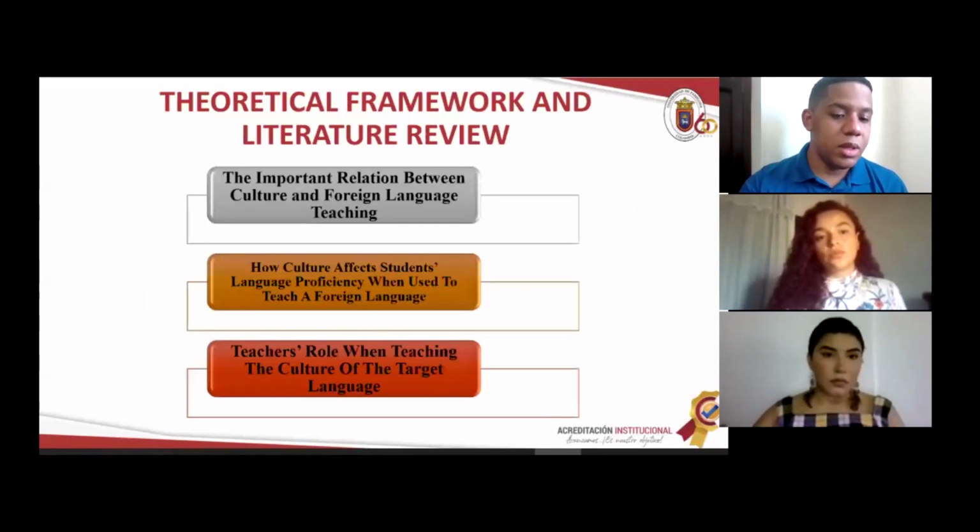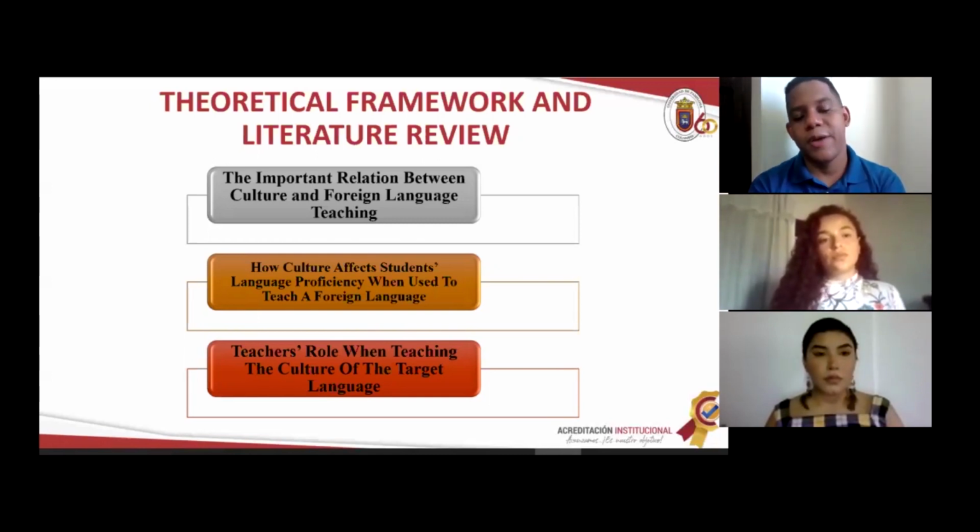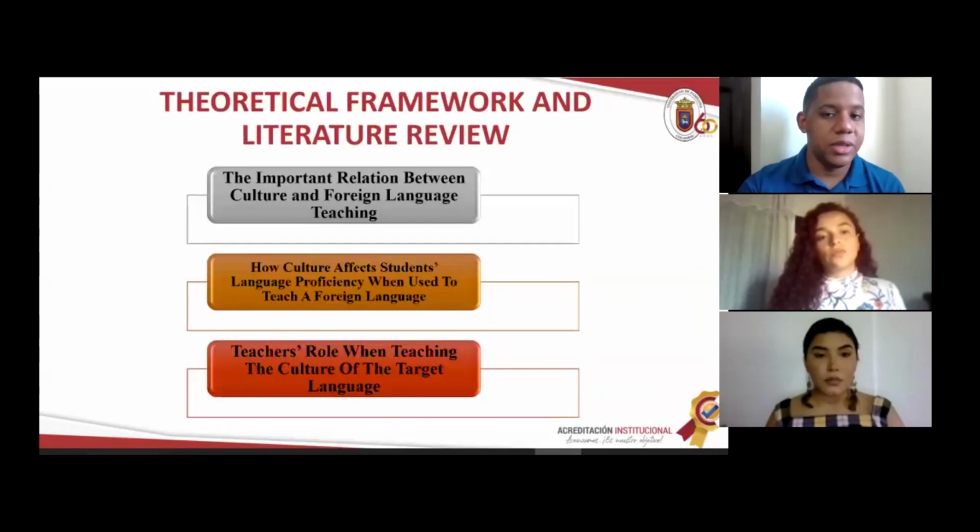To talk about the theoretical framework, it is important to highlight that we divided it into three variables. The first one is the important relation between culture and foreign language. Within these previous studies, both terms, culture and language, are presented as a fundamental part of each other, especially when learning a new language.